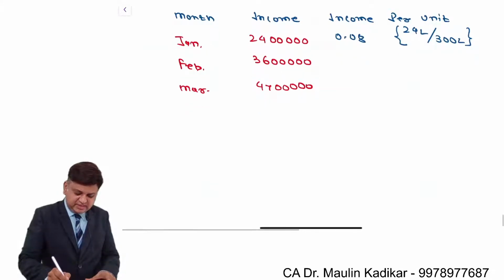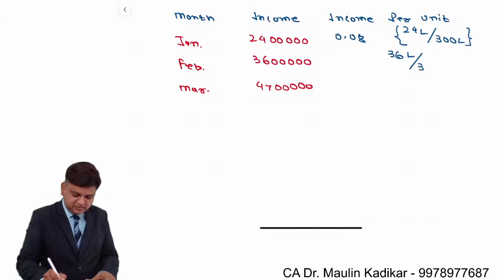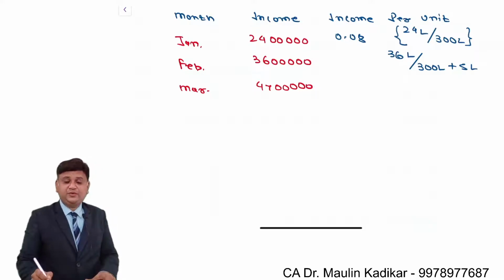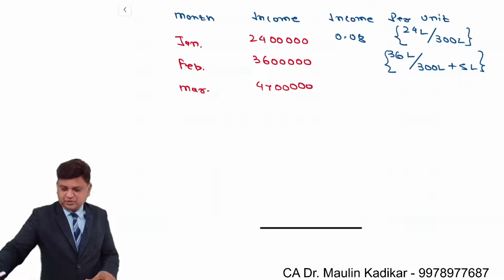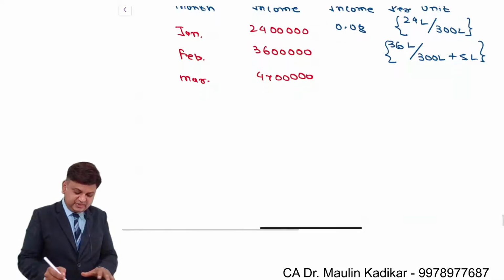Next, it is 36 lakhs divided by 305 lakhs, that is 300 lakhs plus 5 lakhs, the number of units issued at the end of January. So 36 upon 305 comes to 11.80 paise.